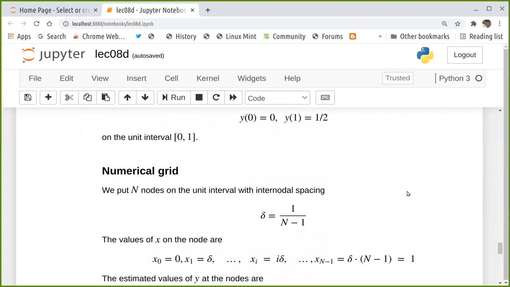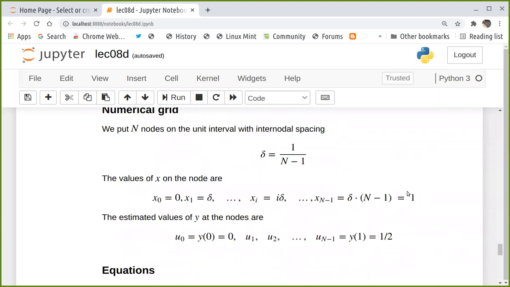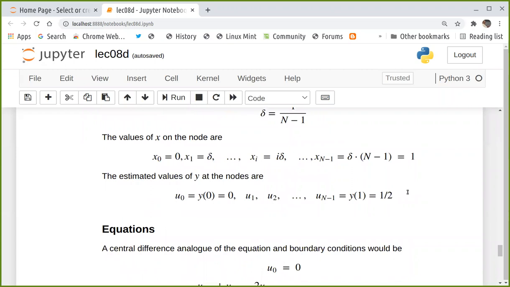Okay, so once again, we have n nodes. We space them out evenly. The spacing is 1 over n minus 1. The estimated values then at these nodes are u0, u1, u2 up to u n minus 1.